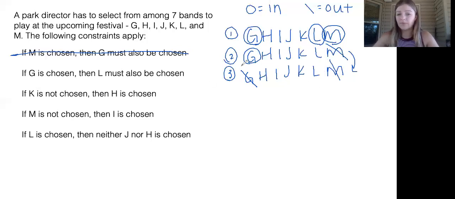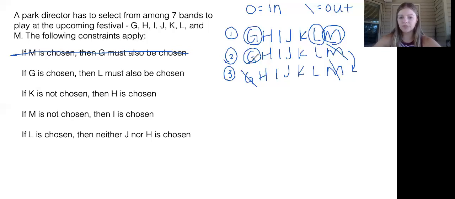So making a copy where G is out and L is in or something like that, that's actually not necessarily true. It doesn't necessarily have to happen. So make your copy before you circle or slash any variable and then apply the rule.